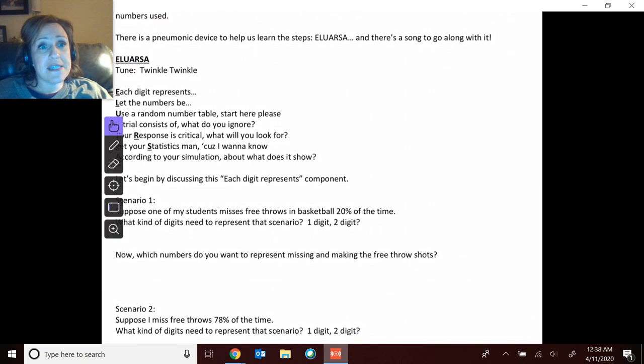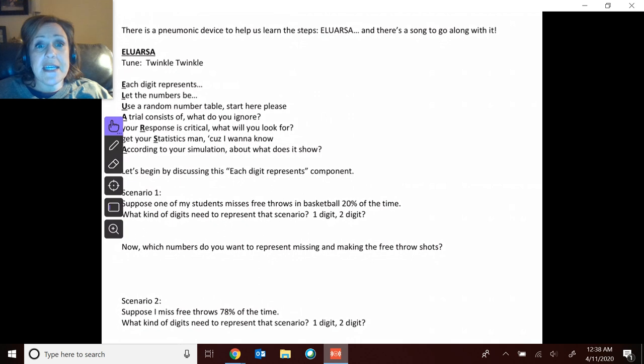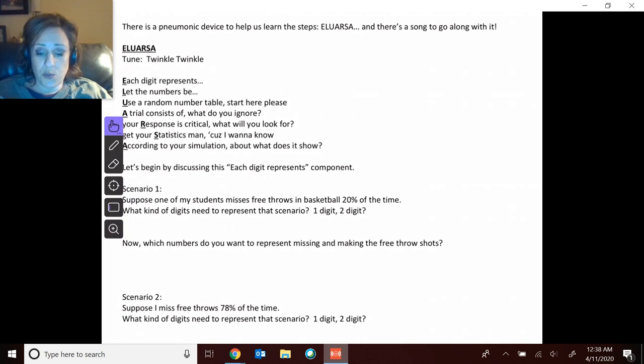All right, so because of that, I have a mnemonic device to help us with it, and that is this thing called ELARSA. It's kind of like when we did our experimental design, we did SREP me capped. ELARSA is going to be the mnemonic device to help us with simulations.